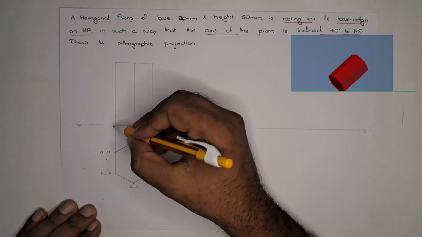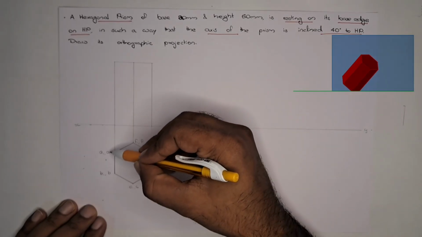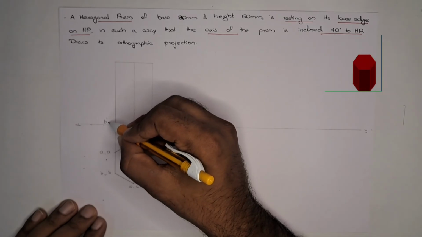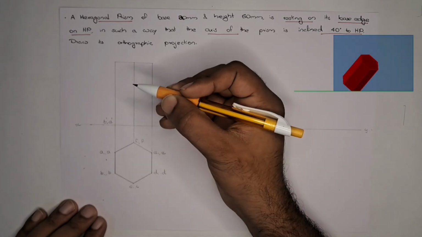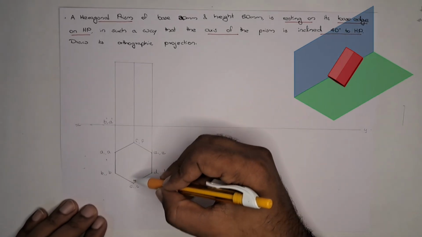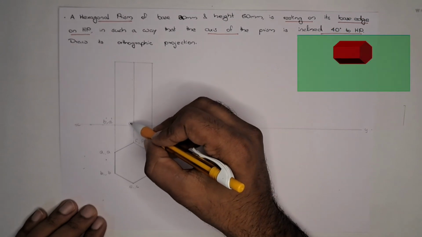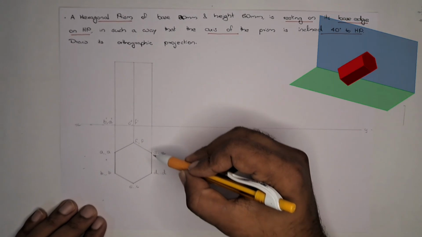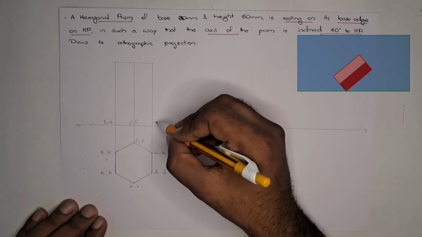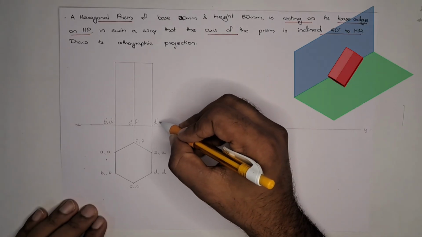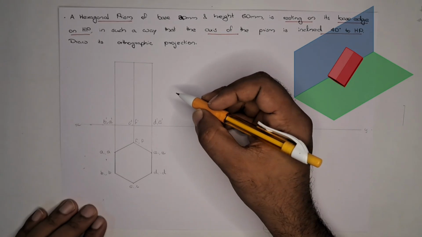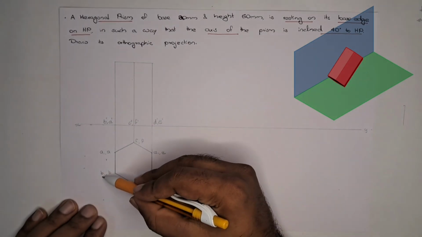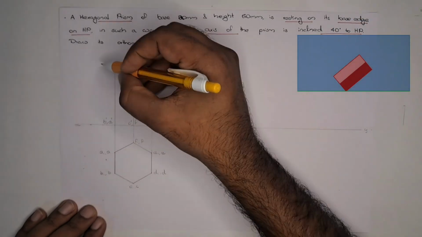So here we can see B then A. So here B dash comma A dash. Here C then F. So C dash comma F dash. Now D, E. So D dash then E dash. Here we give the suffix 1. So at first we can see B1 then A1.